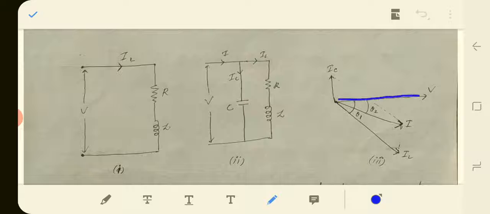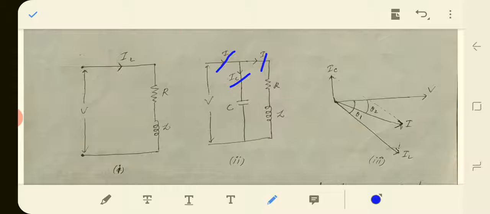As this is the voltage phasor, the capacitor current phasor will be on this line, that is, it leads the supply voltage. Now the net current I will be the sum of the load current IL and the capacitor current IC.